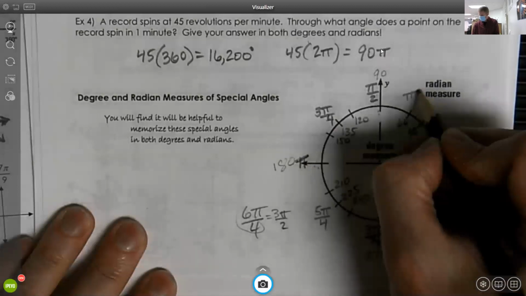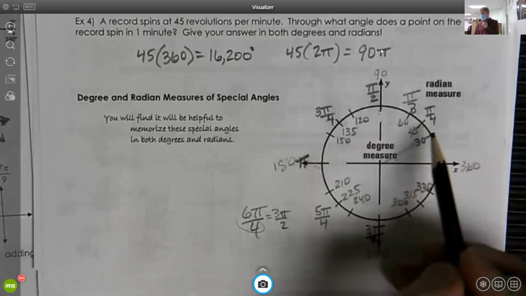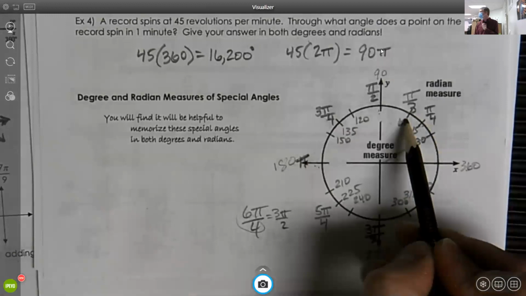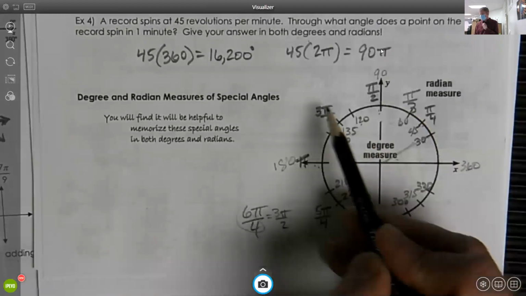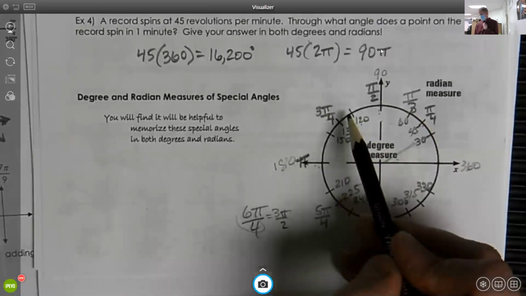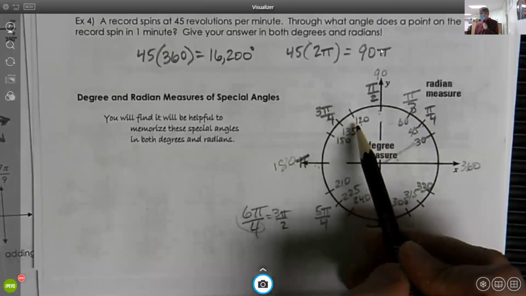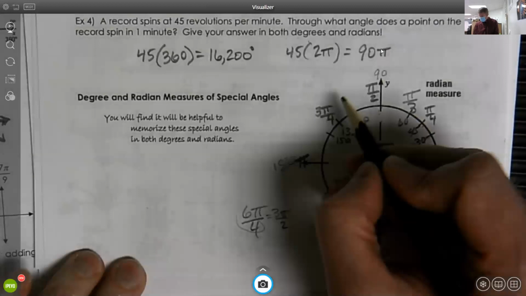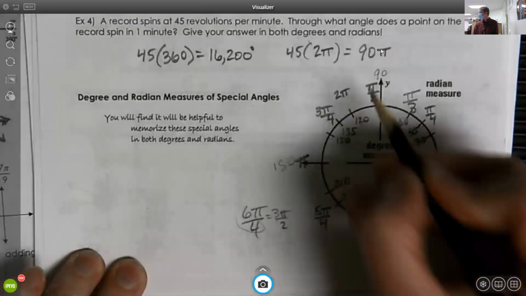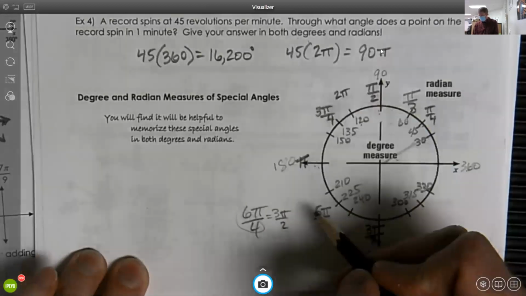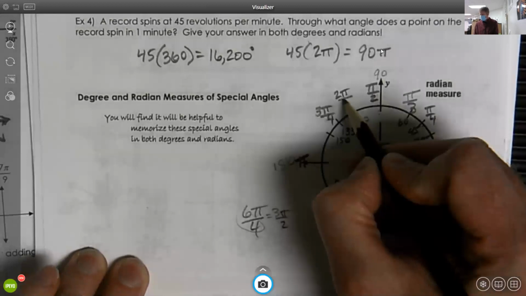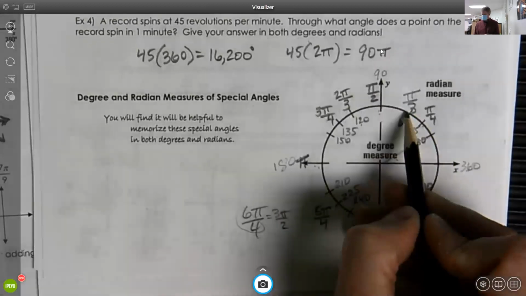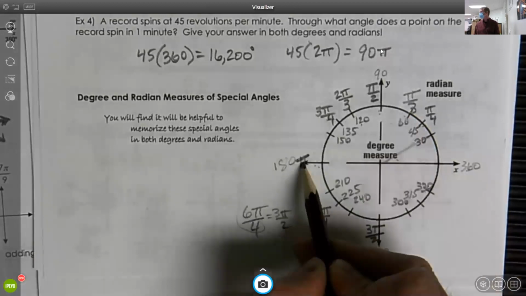So it's pi over 3. What's 60 and 60? That takes you to 120. So what radian would 120 be? Two pi over 3. Because it's 2 of the 1/3. This would be 3 of the 1/3.